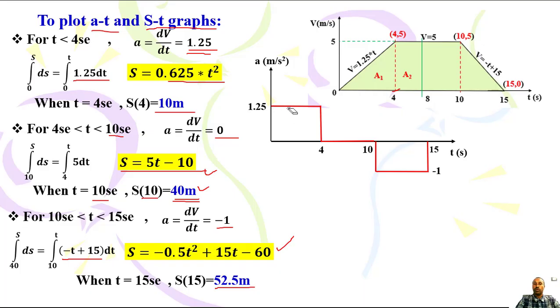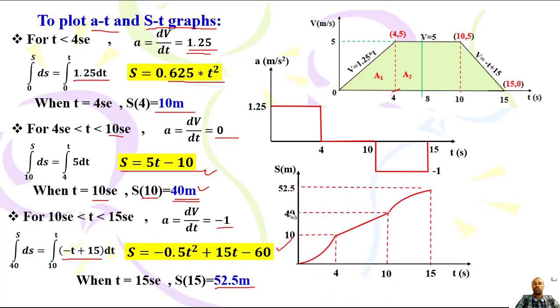Then you have 1.25, again just at 4 seconds. Then you can substitute for here. Then from 4 to 10, acceleration is 0. 0 means just on the horizontal axis here. Then from 10 up to 15, you have -1. So you simply put -1. So this is the region of the acceleration versus time curve.